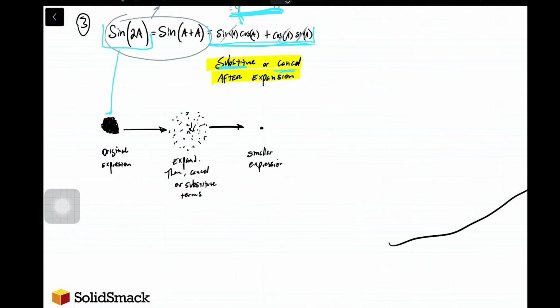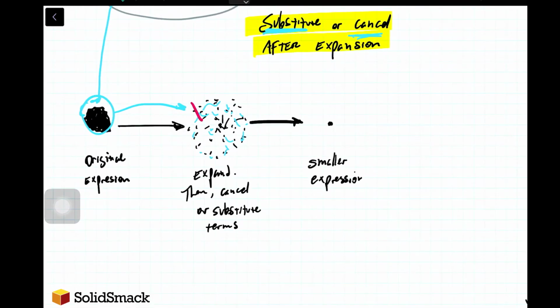So it's like this sin 2a is over here. It's like a big meteorite, and the meteorite explodes, and there's all these particles in space, or like a star exploding. And when the star explodes, you can cancel out some of these terms, or some terms you can actually assign numeric values to.